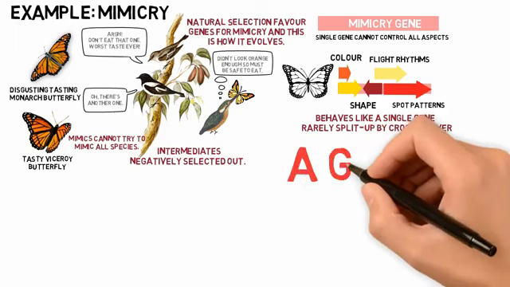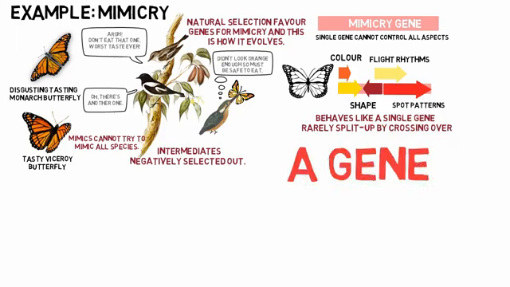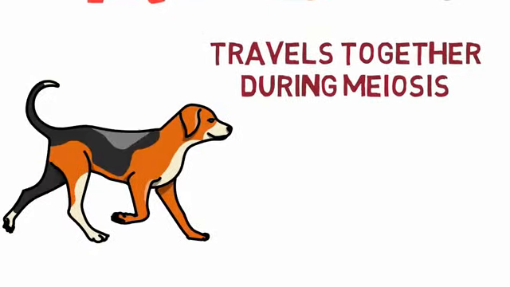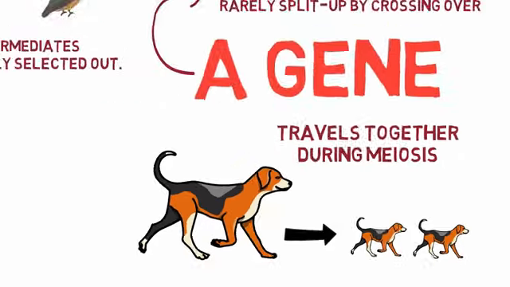Dawkins clarifies his use of the term gene and says that a length of chromosome likely to be split up by crossing over or mutations is less qualified to be called a gene. A cistron may qualify as a gene, but so may a dozen cistrons so closely linked together that they constitute a single long-lived genetic unit and travel together during meiosis on their journey down to the next generation.